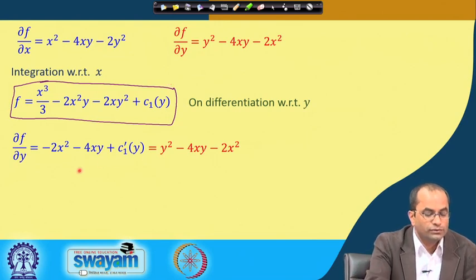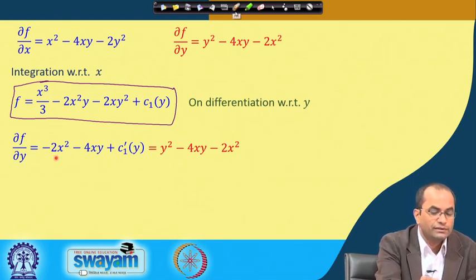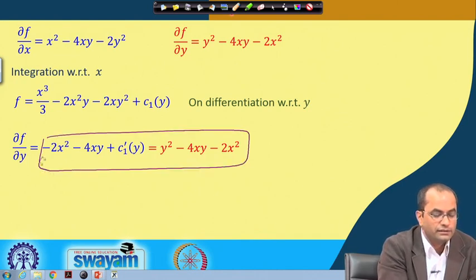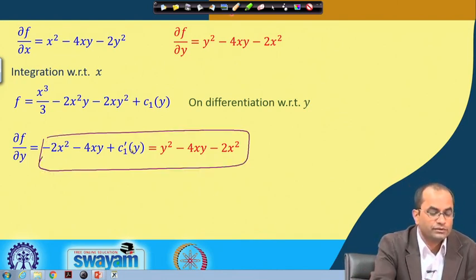So, this is equal to y square minus 4 x y minus 2 x square, that is given already, that the partial derivative with respect to y must be equal to this. So, out of this we can actually get this term easily, this c 1 prime, because that is the derivative when we have differentiated this here.